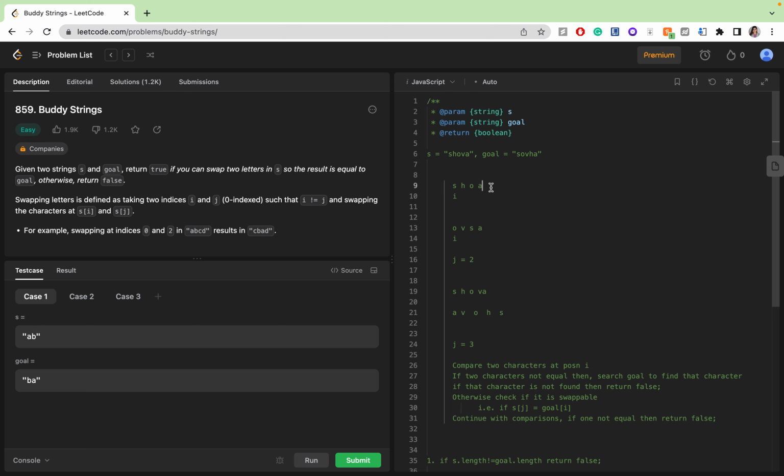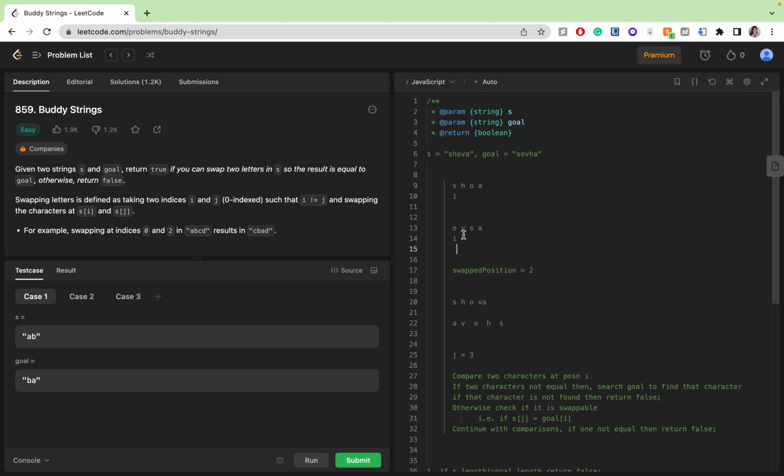So suppose S and A are already 0. Swapped position will be, it will find O at 0 1 2. Swapped position will be at 2, right? Okay, that's fine. So swapped position is equal to 2, so it will continue.